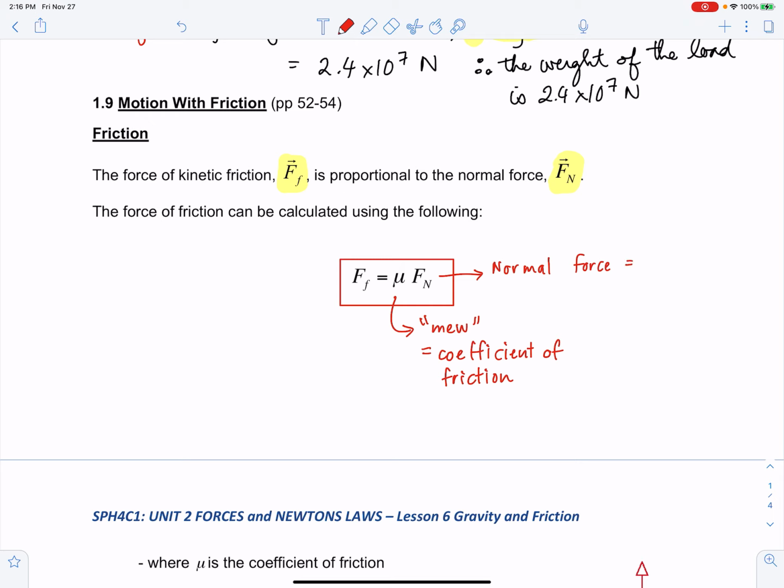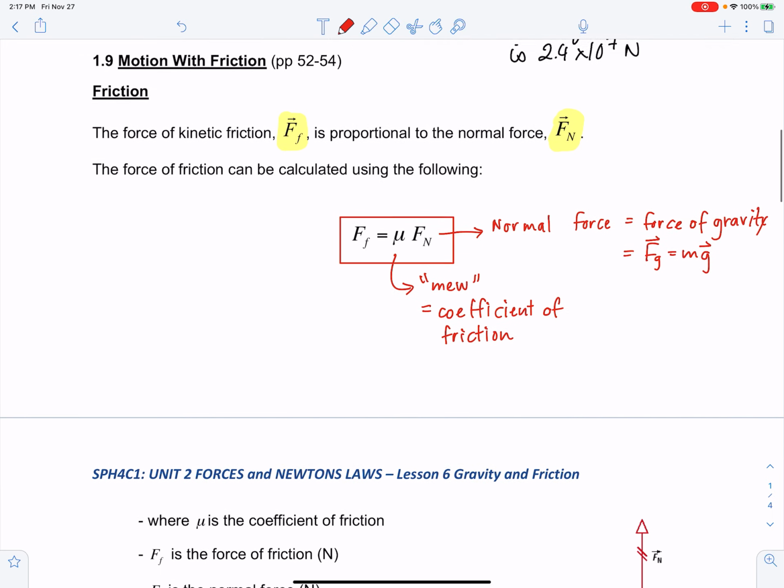And whenever an object's resting on a level surface, it's equal to the force of gravity and can be calculated using this equation, mg. Okay.